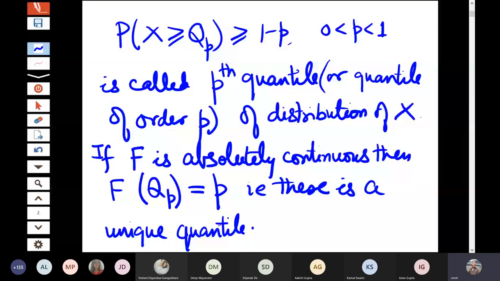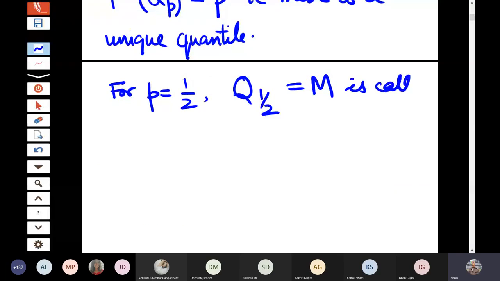So now we write, for P equal to half, that is Q_1/2, this is equal to M, called the median.